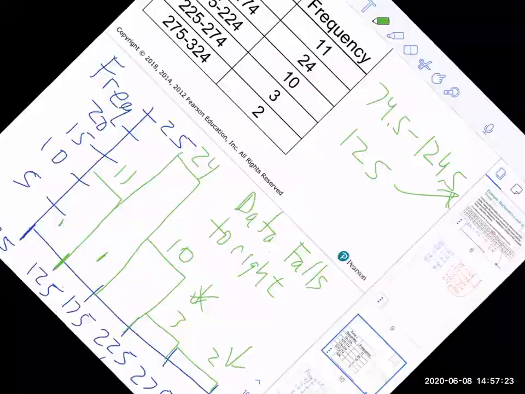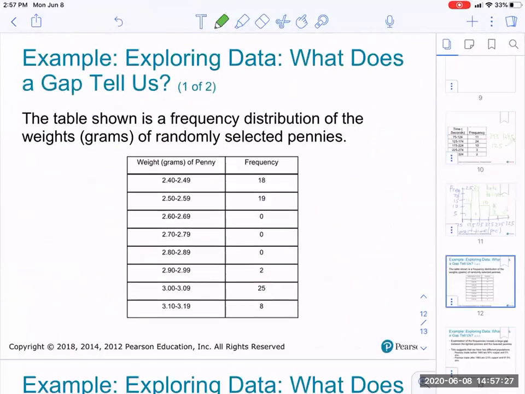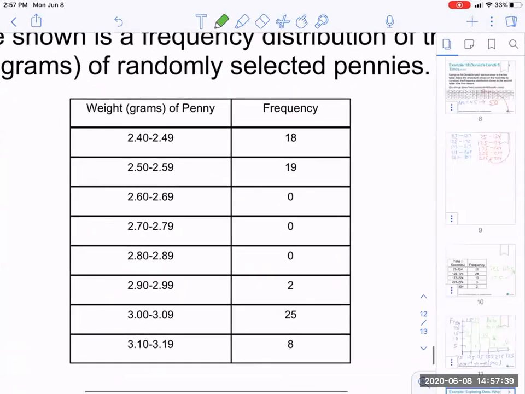Let's finish this up. Just a couple things. Here's a frequency table with weights of randomly selected pennies. I can zoom in, I guess. Notice we have a gap in here. Well, that's because prior to, I can't remember the date, somewhere in the 60s, pennies were made with copper.